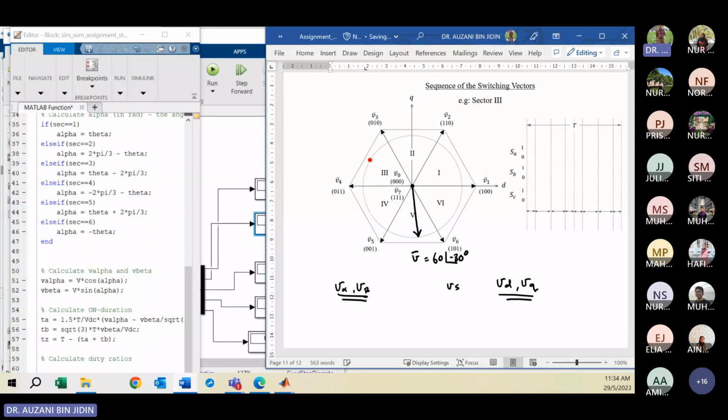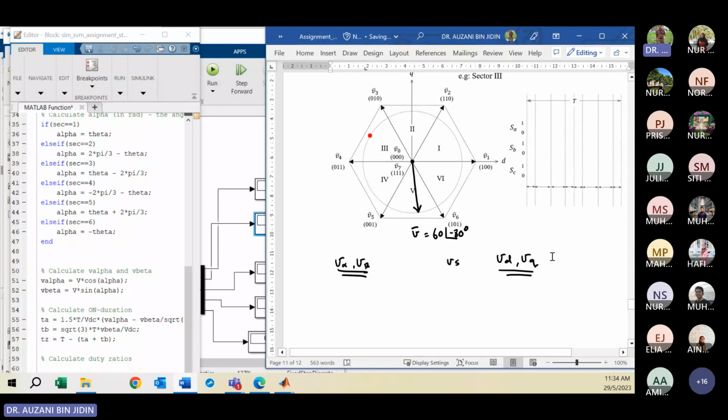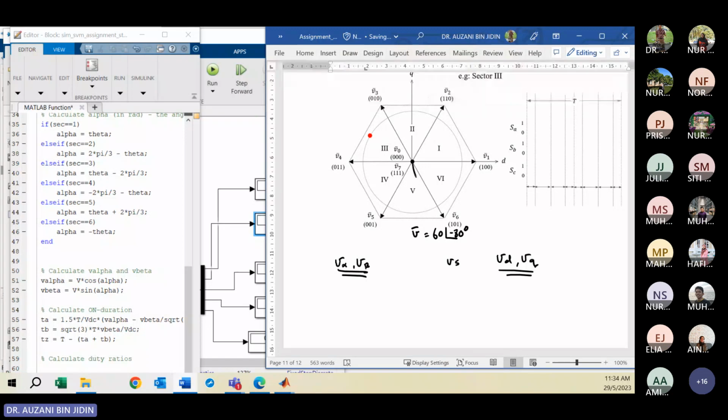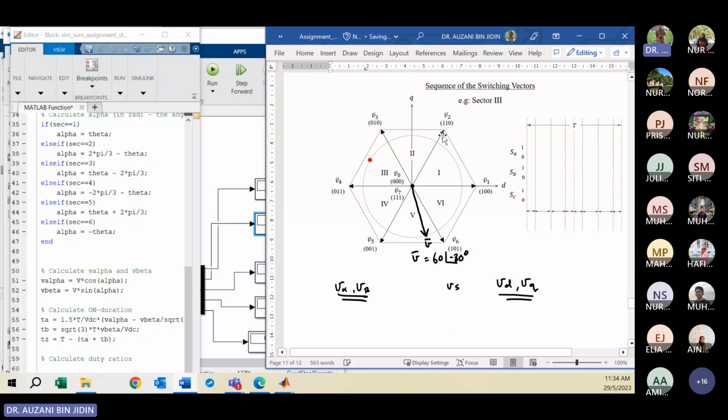Okay, class. To calculate VD, VQ, maybe I need to sketch this properly. So this is your space vector. You can obtain the VD, VQ if you analyze the space vector on the D axis and Q axis. Here will be your angle, theta.